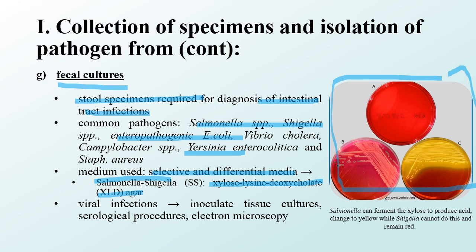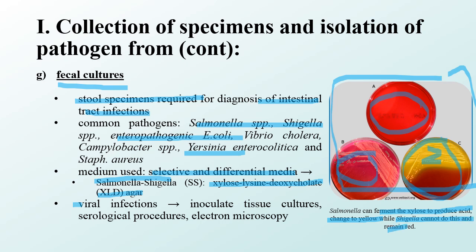The xylose lysine deoxycholate media is usually red in color. When Salmonella grows in the plate, which is figure C, this Salmonella can ferment the xylose to produce acid, and this will change the media to yellow in color. So if you see the media become yellow, that means there is Salmonella. On the other hand, if the media remains red, that shows the presence of Shigella, because Shigella cannot produce acid, and therefore it remains red.